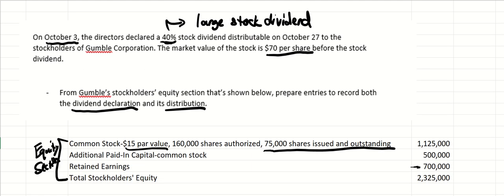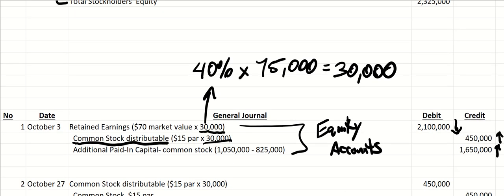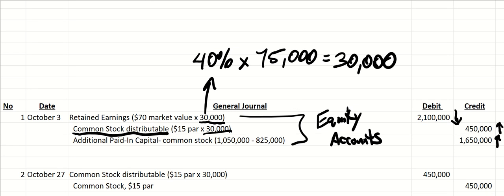Okay, so we also have to record the distribution. That's the second and last thing that we need to do. On October 27th, which is when the distribution occurred, we're going to now debit common stock distributable. We're going to debit that account by $450,000, taking the $15 par multiplied by 30,000 shares that are issued, which is 40% of 75,000.